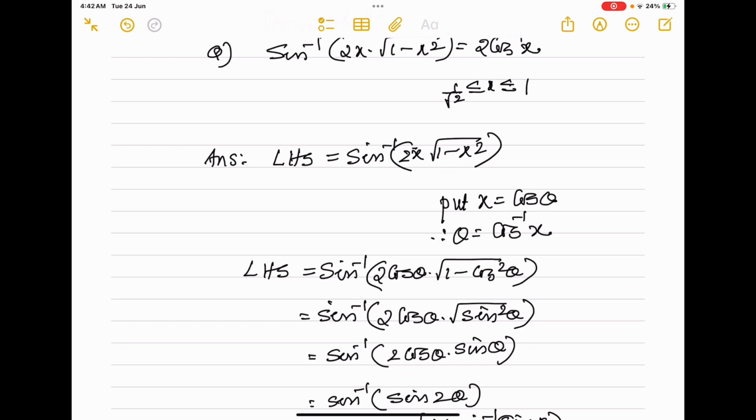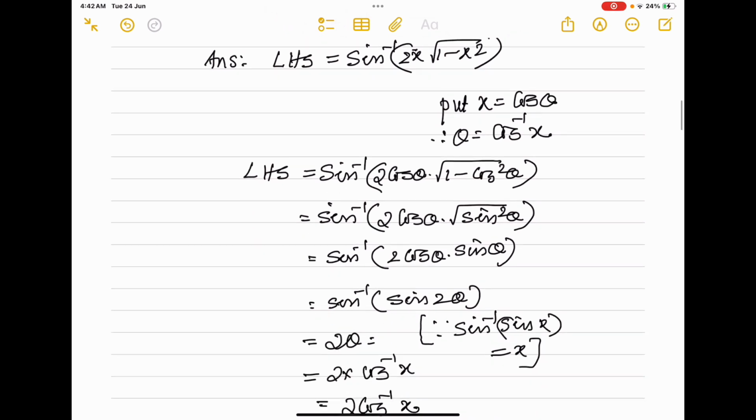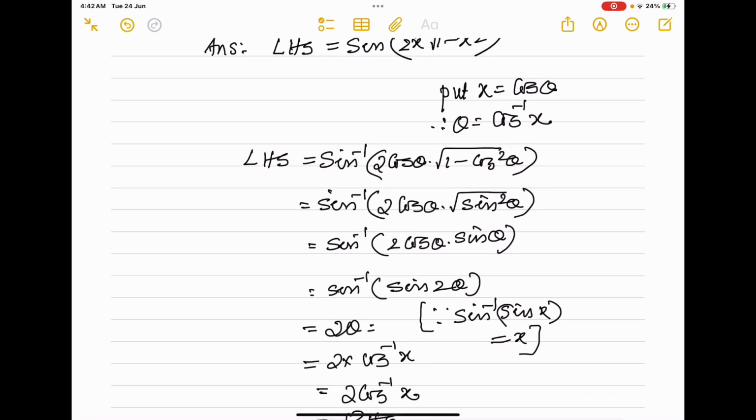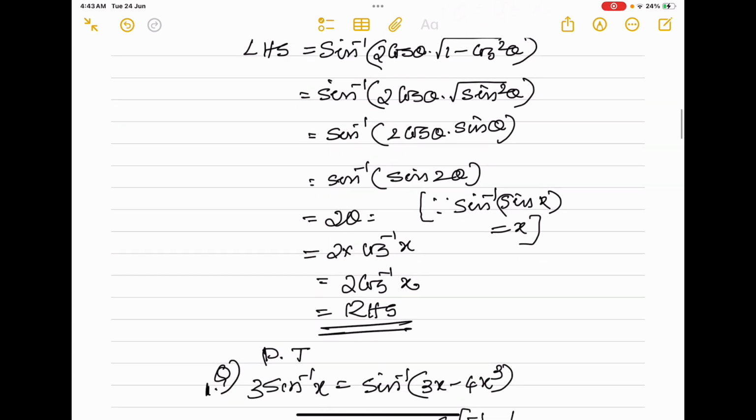That's equal to sin inverse of 2 cos theta sin theta, that's sin inverse of sin 2 theta, that's equal to 2 theta, since sin inverse sin x equals x. Therefore 2 into theta, instead of theta you put cos inverse x, and that's equal to 2 cos inverse x, which is equal to RHS.